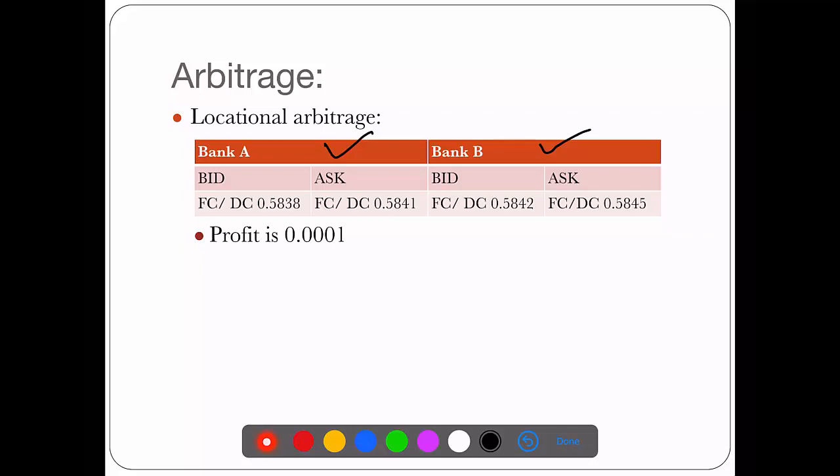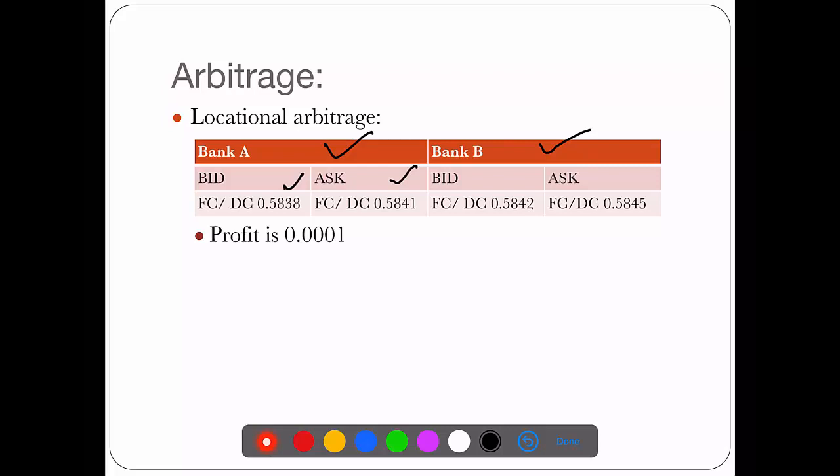It means it's a direct quote. Bank A has a bid and ask rate. At the bid rate, they are ready to buy 1 unit of the foreign currency, and at the ask rate they are ready to sell 1 unit of the foreign currency.